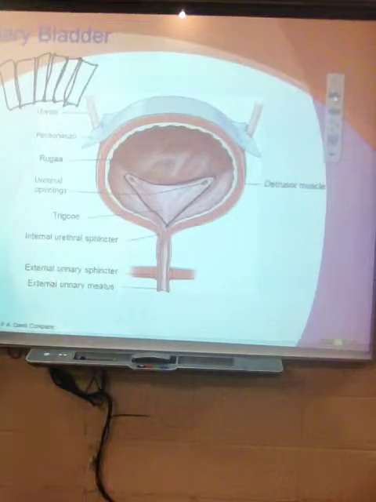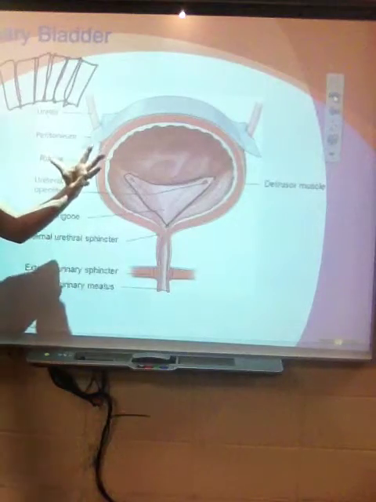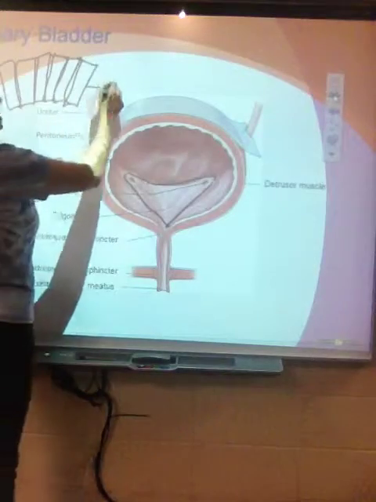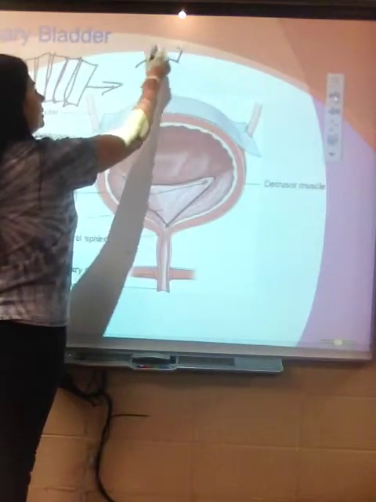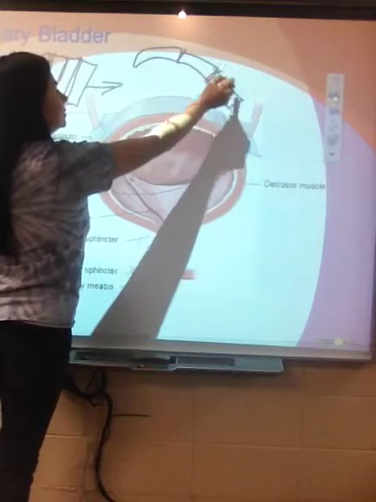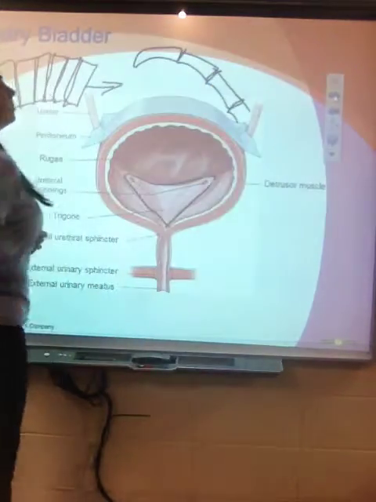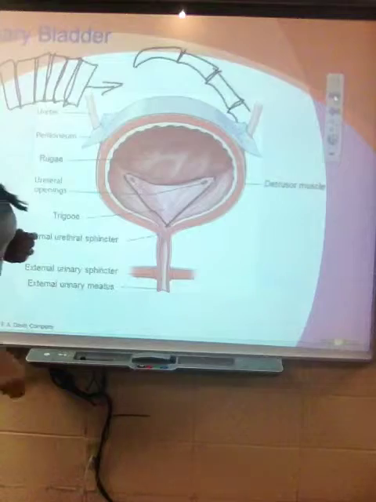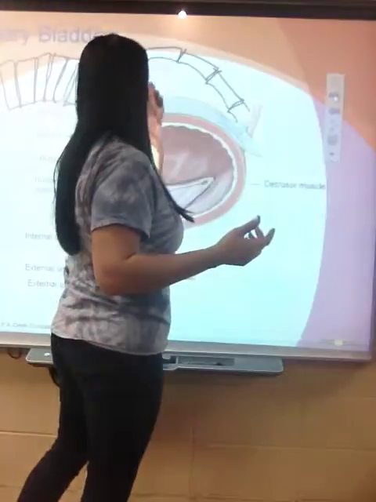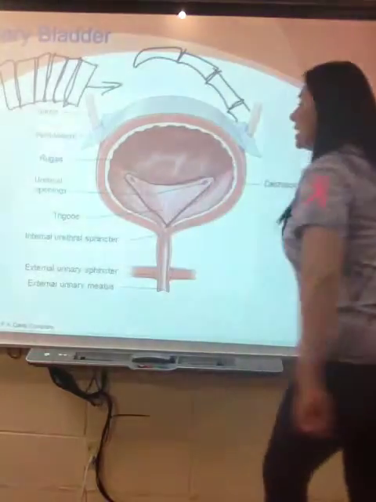But if you have to pee and they're all stretched, that bladder is just full of urine, then they transition into looking almost like squamous cells. So if you have to pee, my transitional epithelial is stretched out, or flat. That means I need to pee.